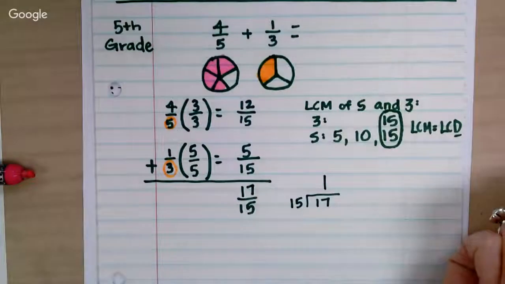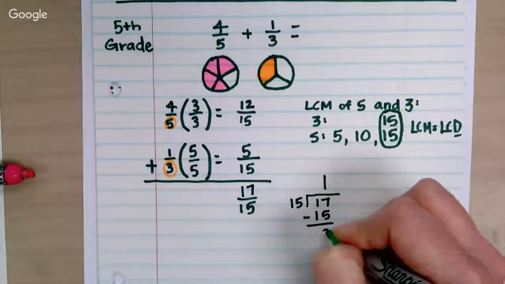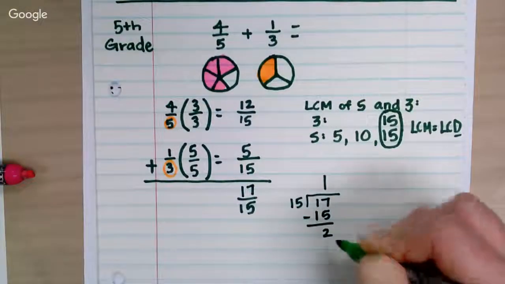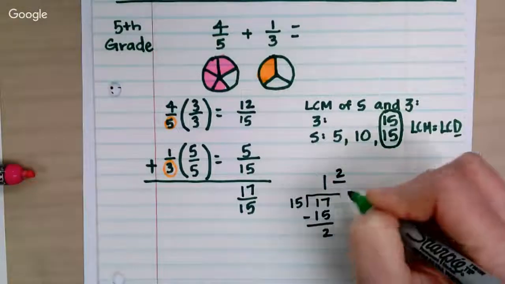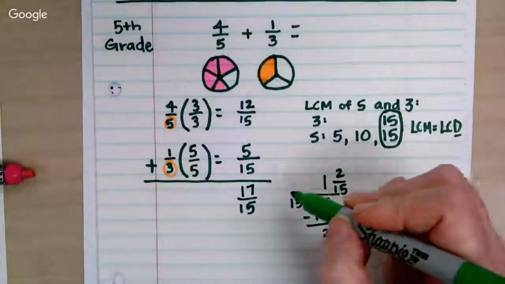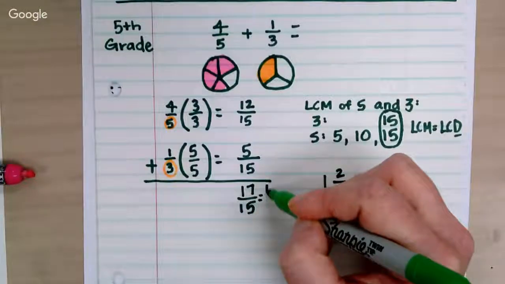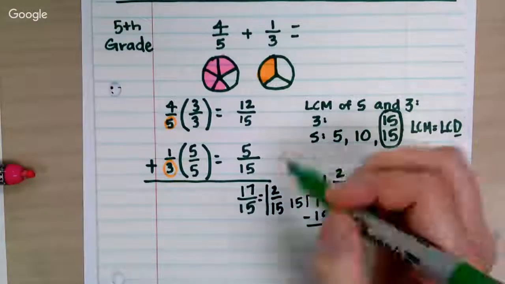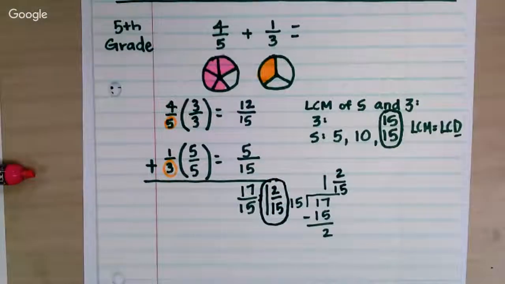Well, it can go in 1 time. 1 times 15 gives me 15. There's a remainder of 2. That 2, the remainder, the bottom of the problem, is going to rise to the very top, and my denominator stays the same. So that is still 15. I know that this equals this. 17/15 equals 1 and 2/15. Now I have the answer in the best form.